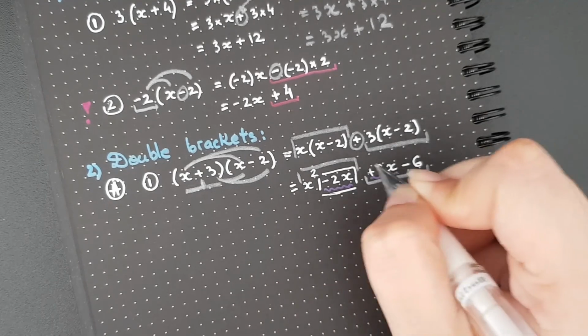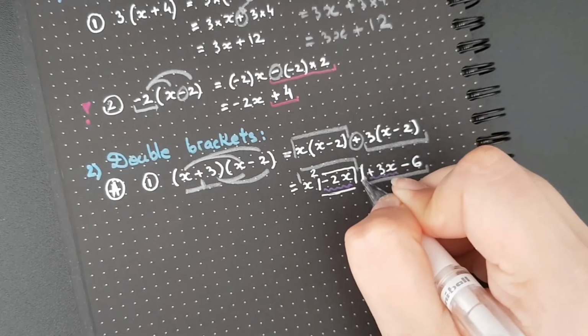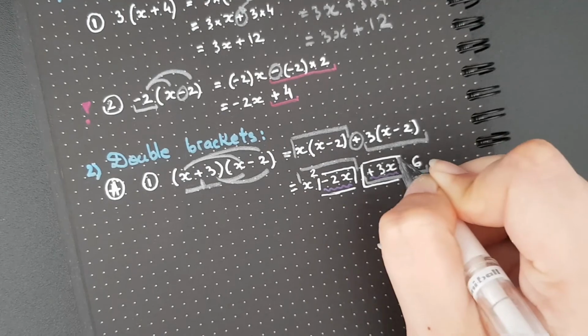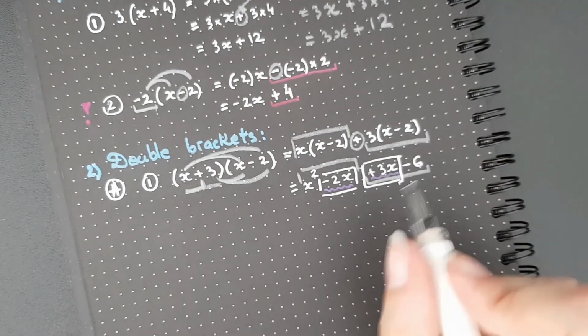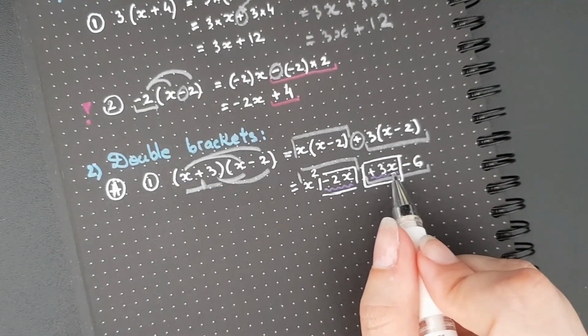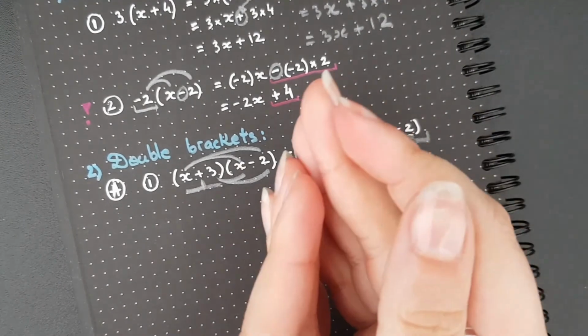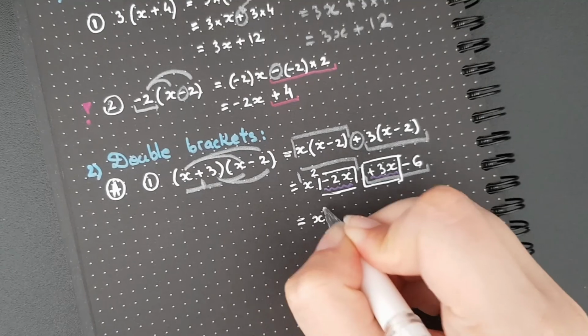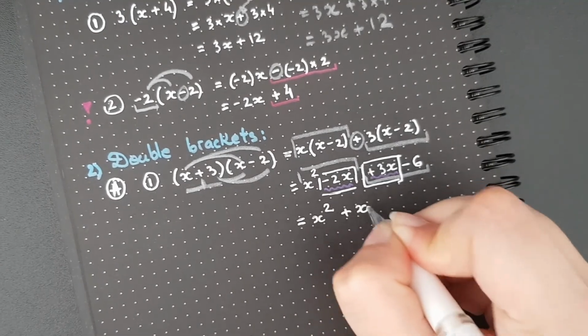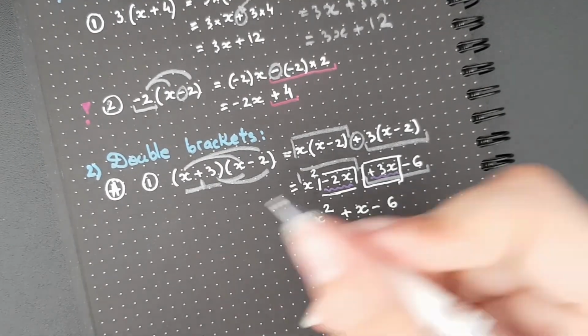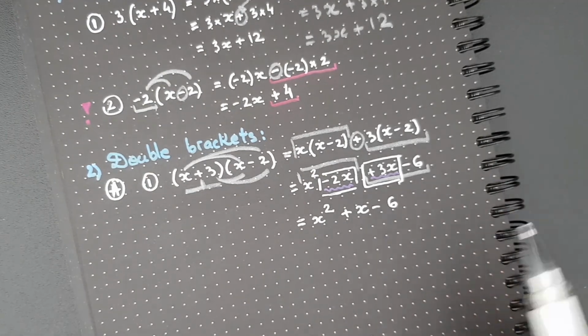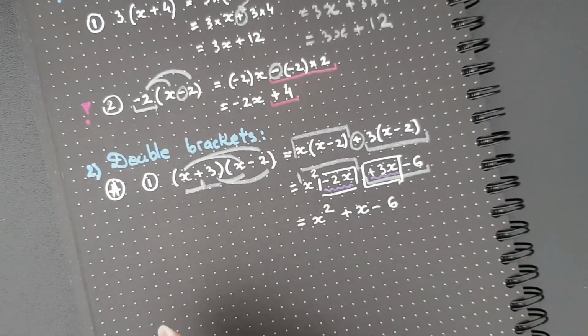They are the same term with different numbers in front, so I need to actually put them together. So this gives me x squared plus x minus 6. Done. Completely finished. No issues.